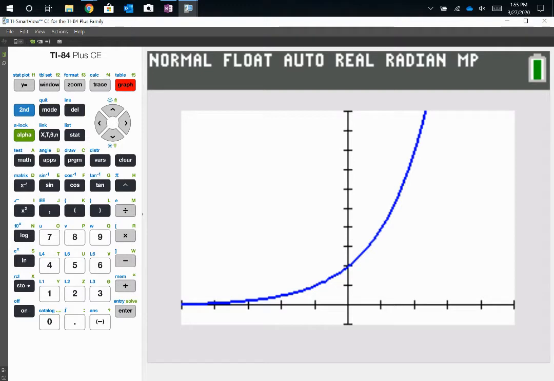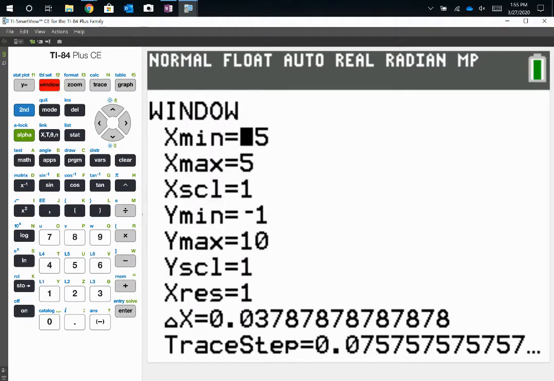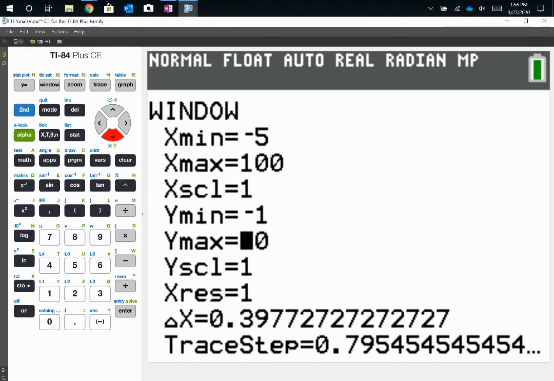Now what I want to do is increase the axis, the window for this. So I'm going to put this back at -10. Okay, we don't need to see anything other than -5. -5 is good. Let's put the maximum number of days at, say, 100 days. And let's put the maximum at, say, 50,000. I might be doing too much there.